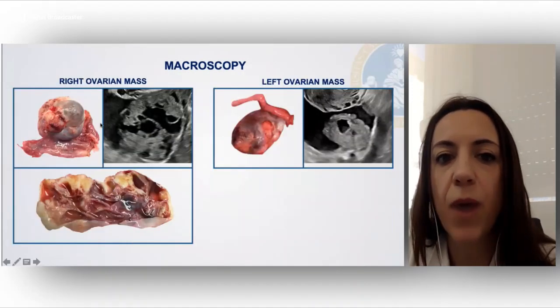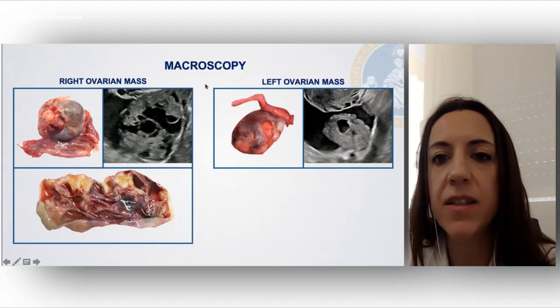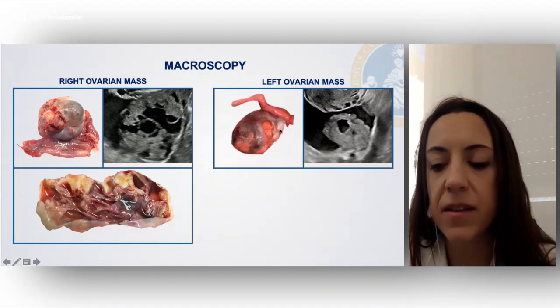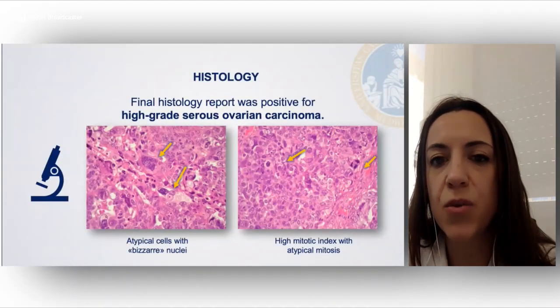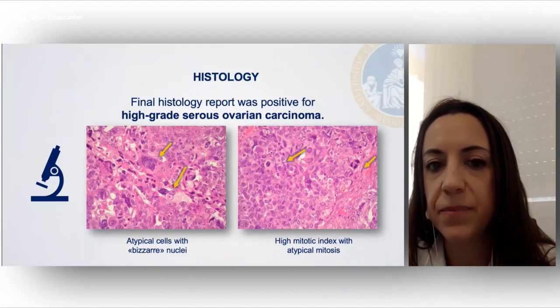Macroscopy: right ovarian mass and left ovarian mass, solid with cystic areas. And the final histology report was positive for high-grade serous ovarian carcinoma.